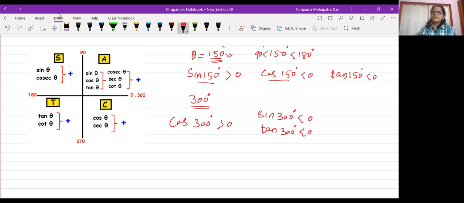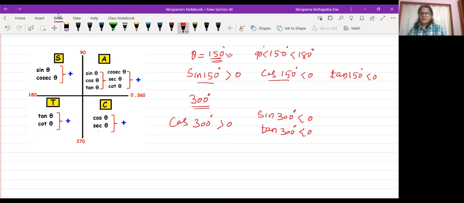Okay, so that is basically as per the sign. As per the quadrant, whenever you take the trigonometric ratios, you have to see in which quadrant the angle lies. Depending upon the quadrant, you can decide whether that particular trigonometric ratio will be positive or negative.